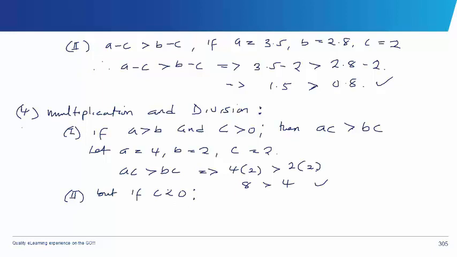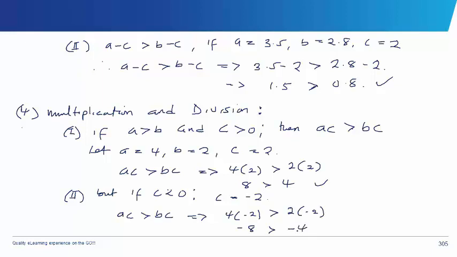Maybe C here is minus 2 and we still use what we had above. Let's find out, will AC be greater than BC? It implies that we'll have A, which is 4, times minus 2, and then will it be greater than B, which is 2, times minus 2? Let's find out: 4 times minus 2 is minus 8, and then 2 times minus 2 is minus 4.